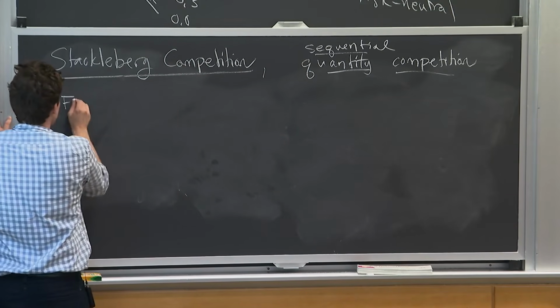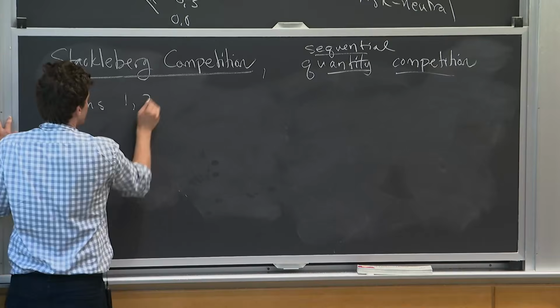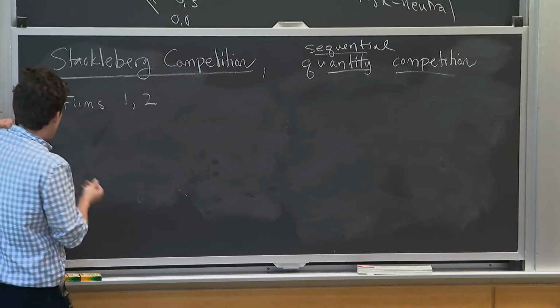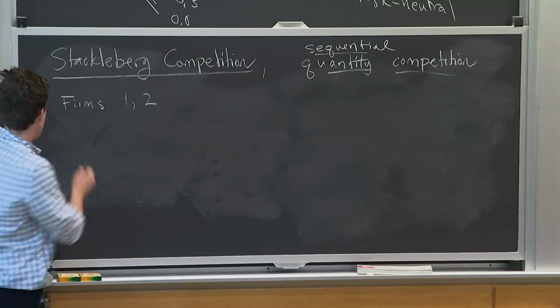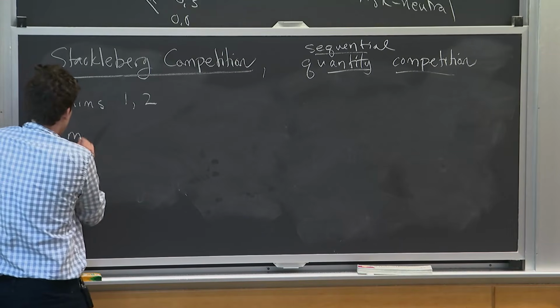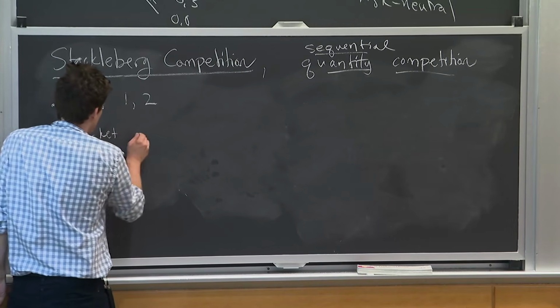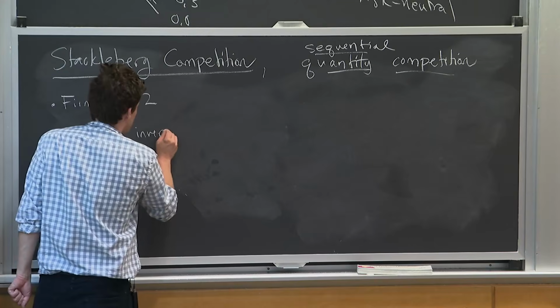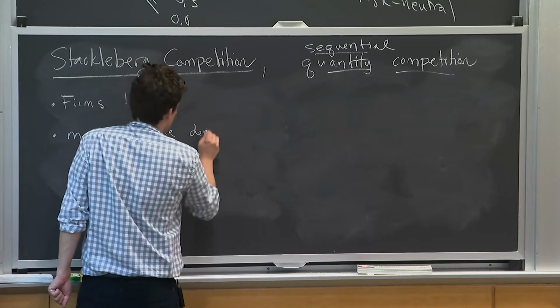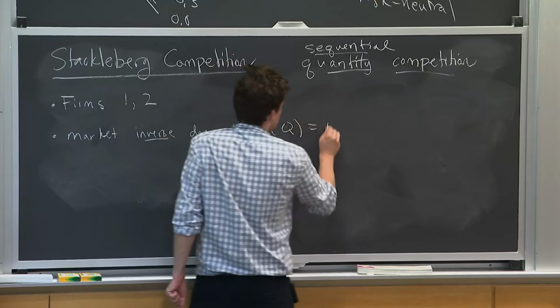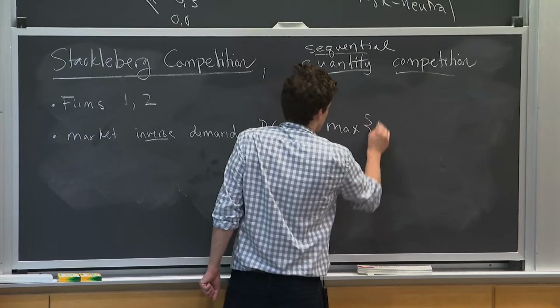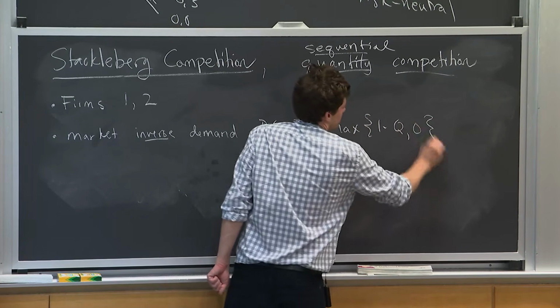We still have 2 firms, 1 and 2. And they're choosing quantities as before. And we have market demand. Maybe I'll say inverse demand. P of Q equals the maximum of 1 minus Q and 0.